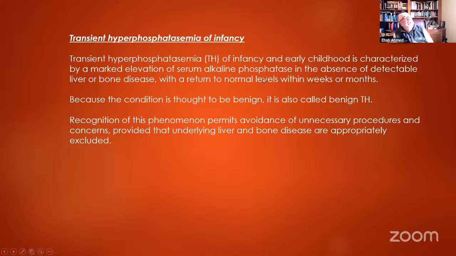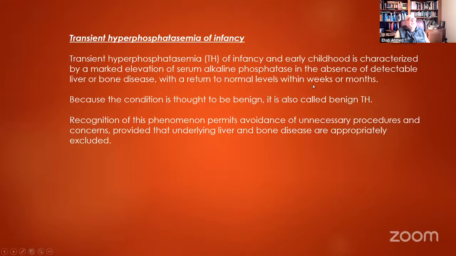There is another important item which is called transient hyperphosphatasemia of infants. It is transient, and it returns back to normal. So if the baby is asymptomatic and for some reason you find low alkaline phosphatase, don't rush into the diagnosis of infantile or hereditary hypophosphatasia.